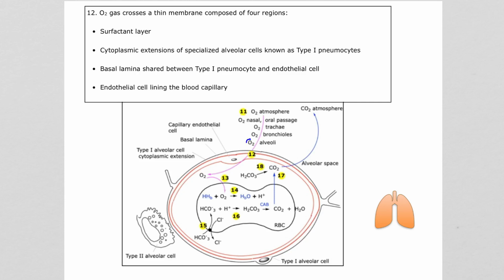The oxygen will then cross a thin membrane, and this membrane will consist of a layer of surfactant, cytoplasmic extensions of specialized alveolar cells known as type 1 pneumocytes, the basal lamina that is shared between type 1 pneumocyte as well as the endothelial cell, and the endothelial cell lining the blood capillary.